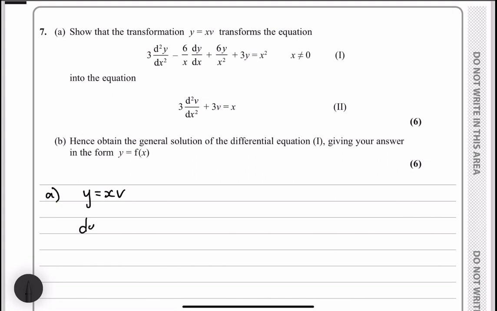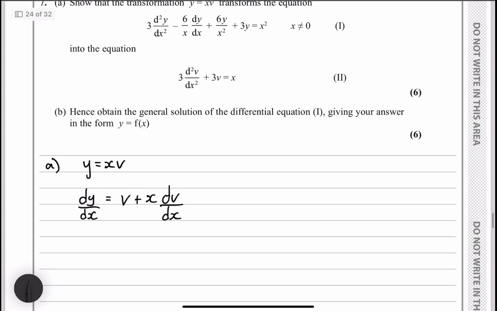Using the product rule, I get dy by dx is equal to x, differentiate that, you just get 1, so that's v, plus leave the x alone and differentiate v with respect to x, dv by dx. So that's our first one already done. We can substitute that in here. But we are also going to need the second derivative, so let's do it again.